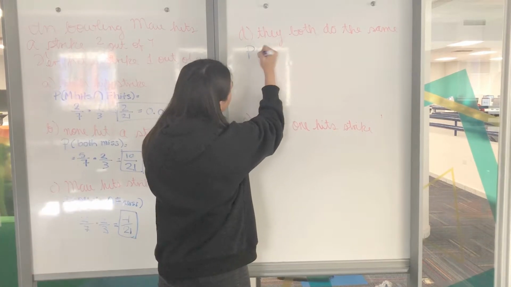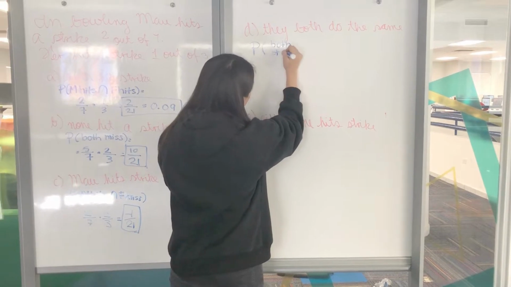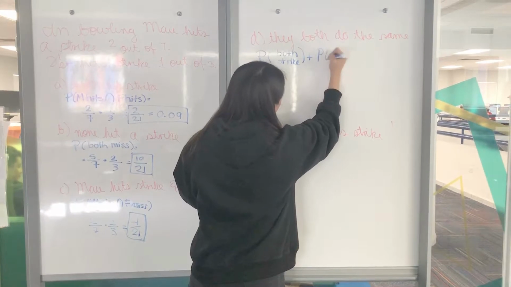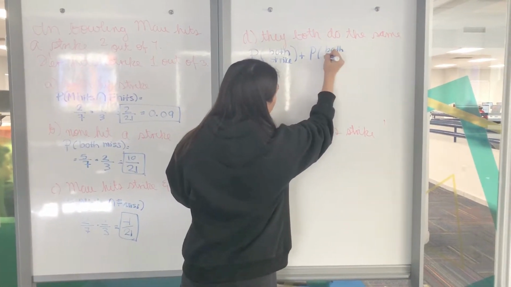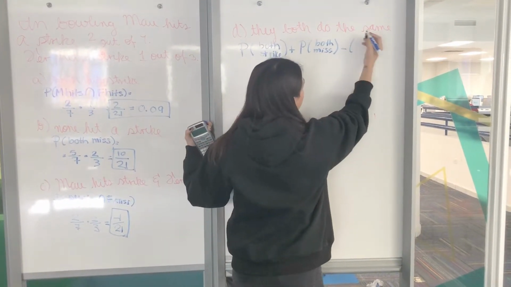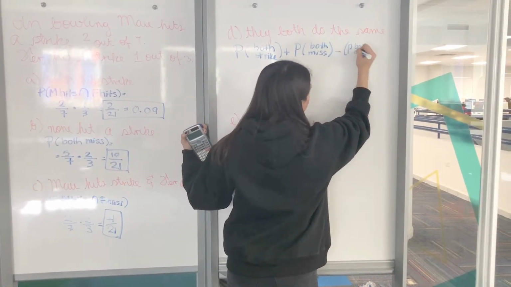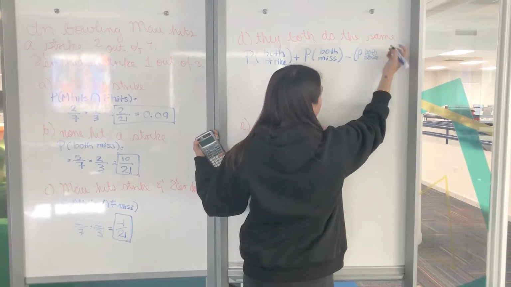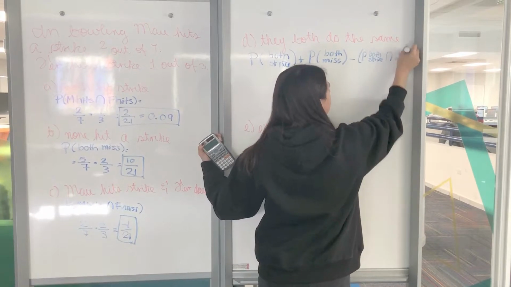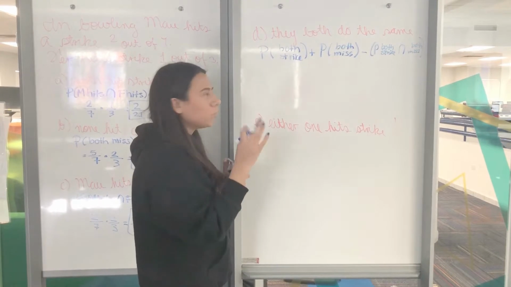So it's probability of both strike plus probability of both miss, minus the probability of both strike intersection and both miss. So in this you cancel them out since it's impossible for them to hit and miss at the same time.